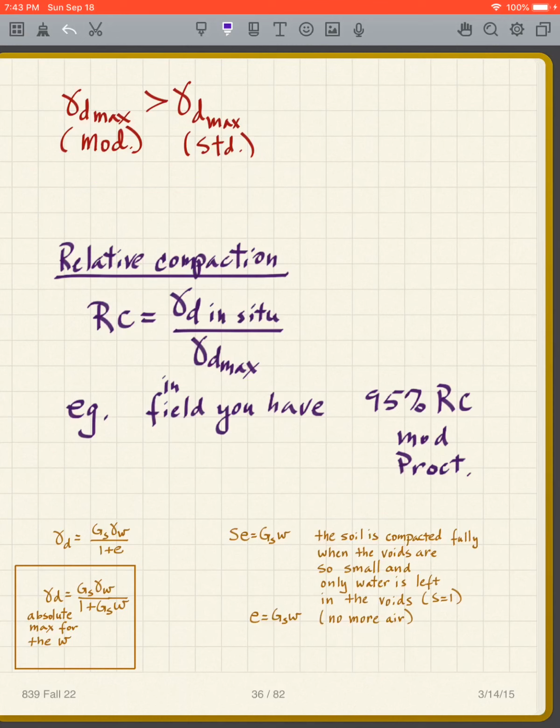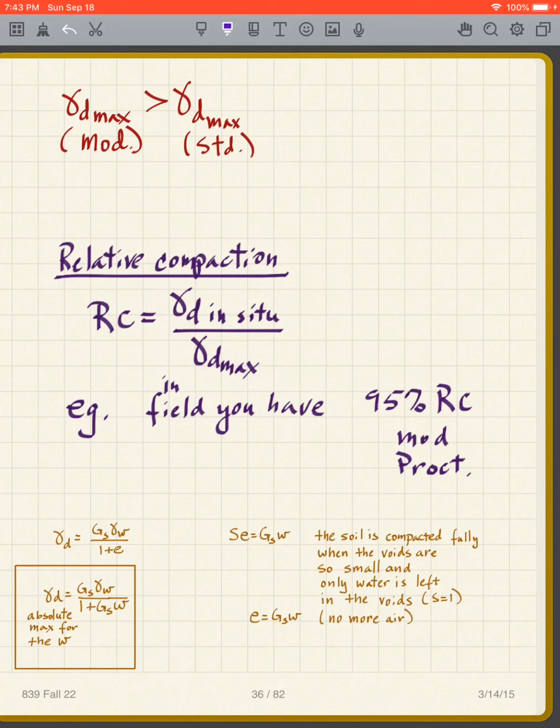When we're all done, what we're interested in is what is the relative compaction in the field. RC, relative compaction. What is it? The gamma D in situ in the field divided by our gamma D max, and it would be the standard or modified, for instance.